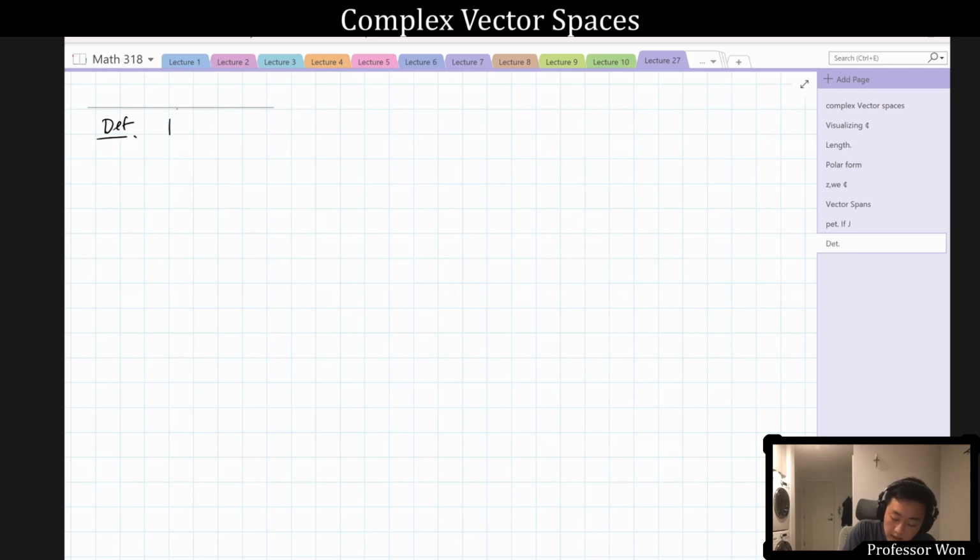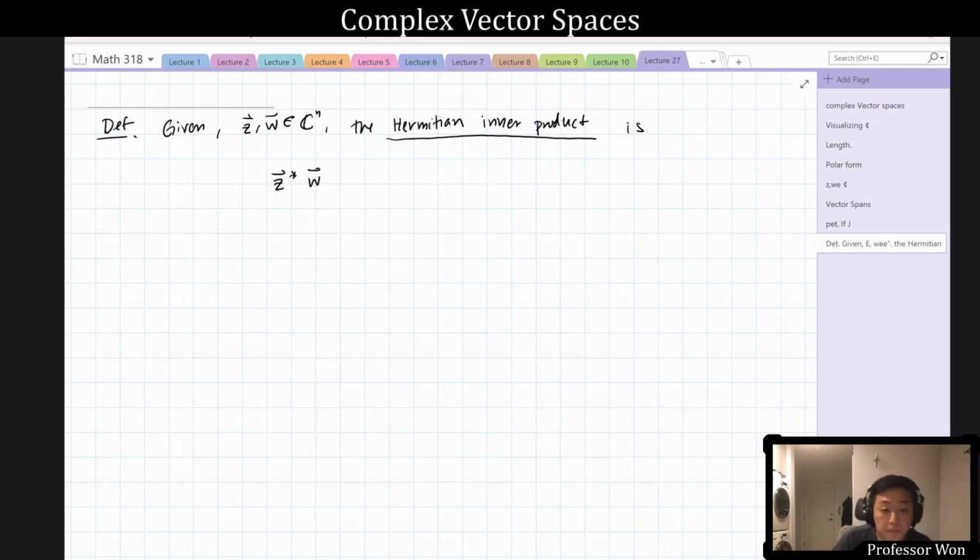So given z and w in C^n, the Hermitian inner product, and it's the most common, most used inner product over complex vector spaces, is defined to be z star w. Again, this actually does generalize the old dot product.